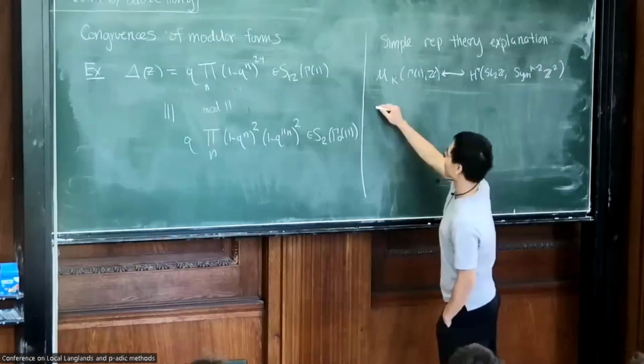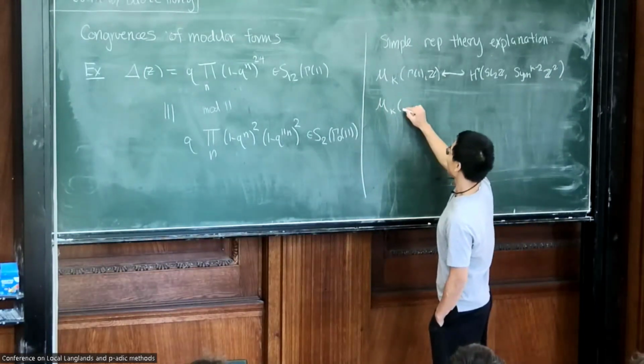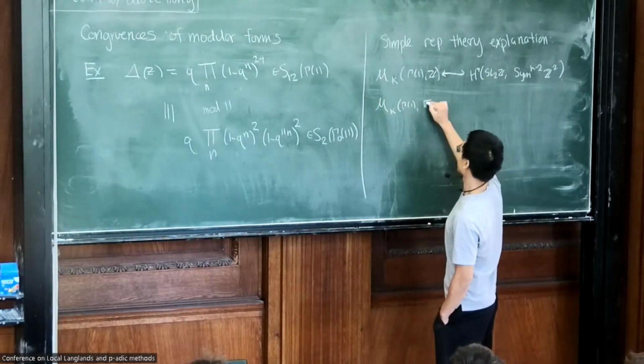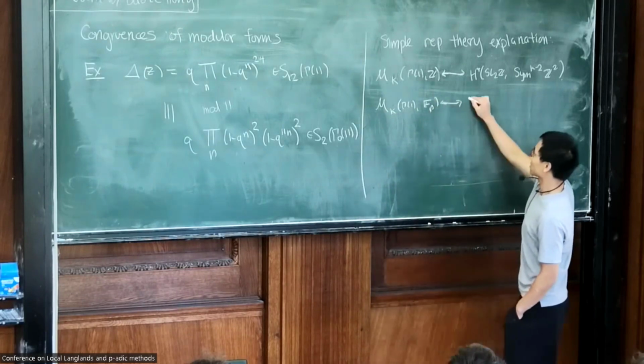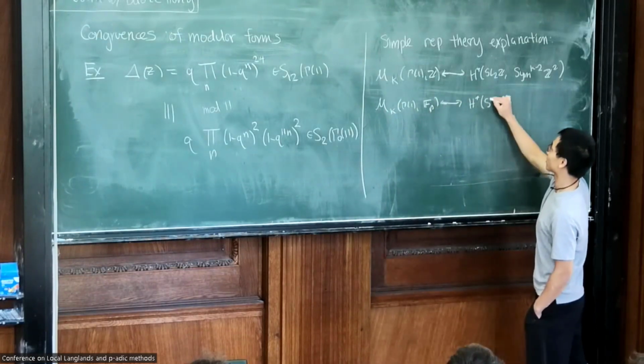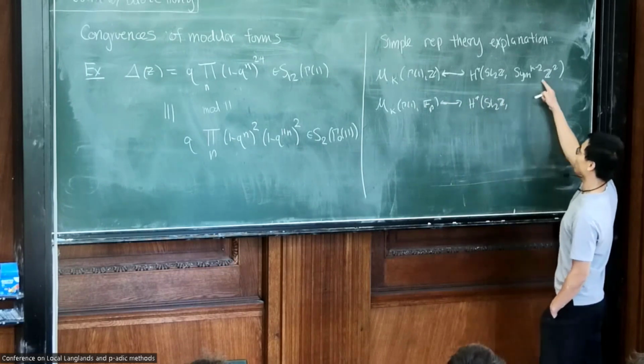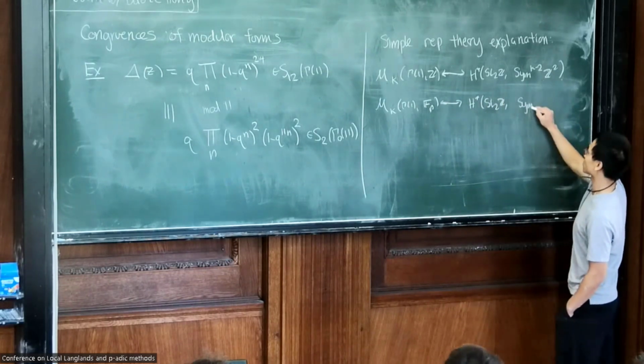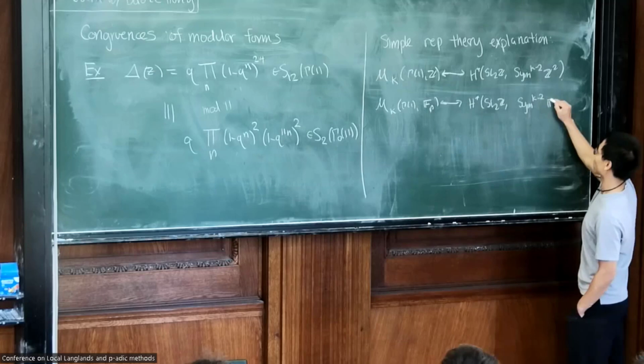And so similarly, modulo p, your Hecke eigensystems will be incarnated in the cohomology of this thing mod p. So Sym^(k-2) of F_p squared.